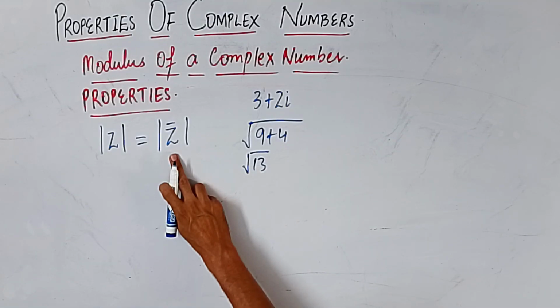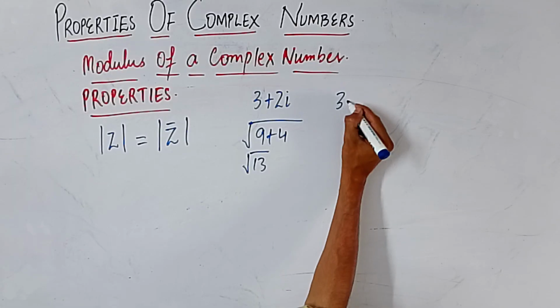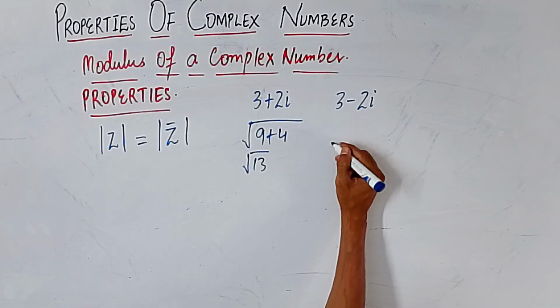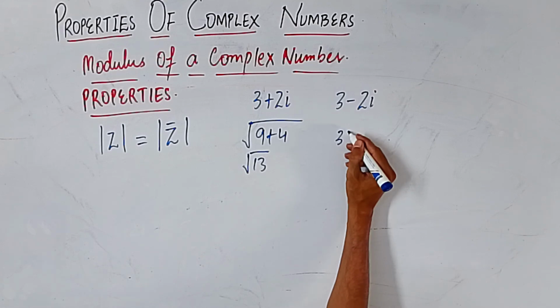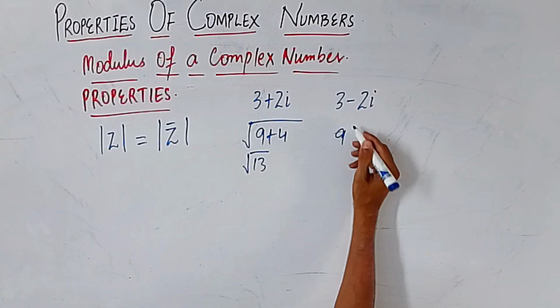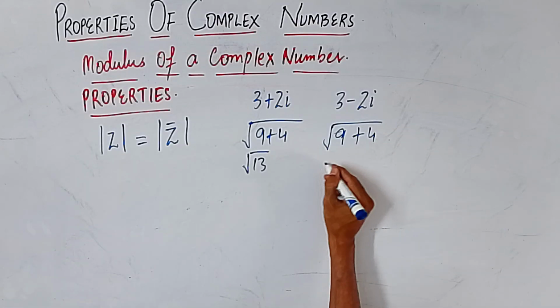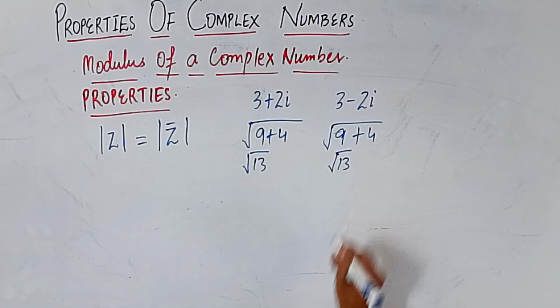And if you find the modulus of its conjugate, 3 minus 2 iota, you are doing the square now, so it will not change the sign. So again 3 square is 9, and minus 2 square is also 4. So that's why it is not changing and they are equal. This is the reason. If you connect the reasons, you will easily remember and understand it.